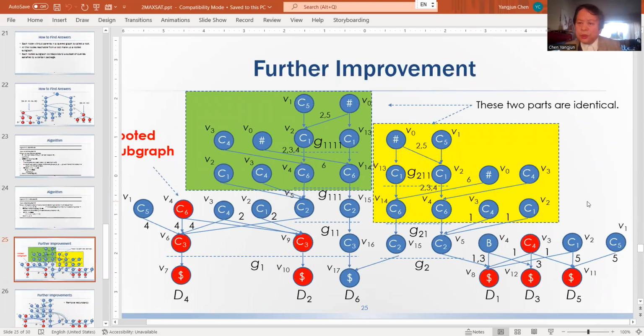It is because in this process, a lot of nodes will be repeatedly accessed. For example, this part of the graph is completely identical to this part of the graph. Then any nodes in this part should not be explored again. In this way, we can have a polynomial time algorithm to find the solution to the two-mass-sort problem.